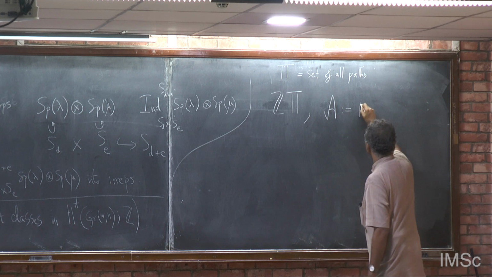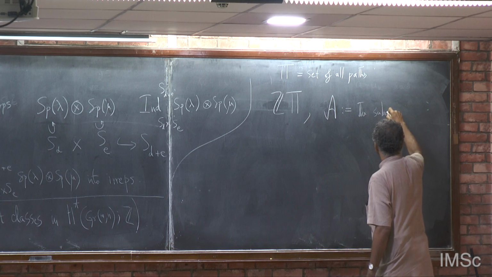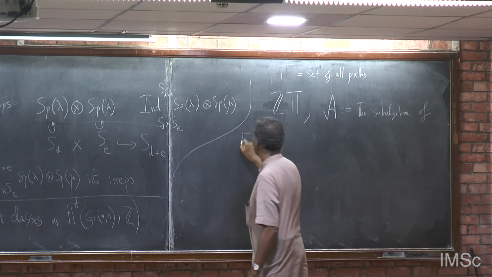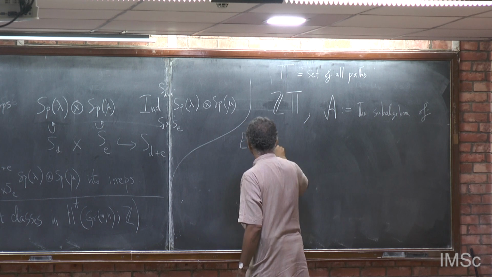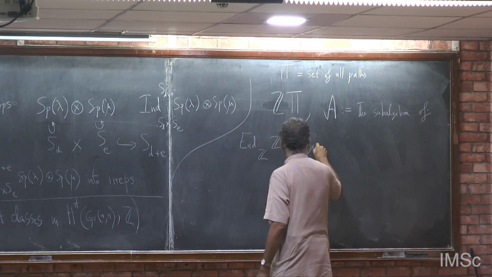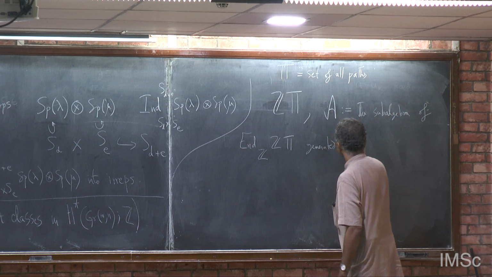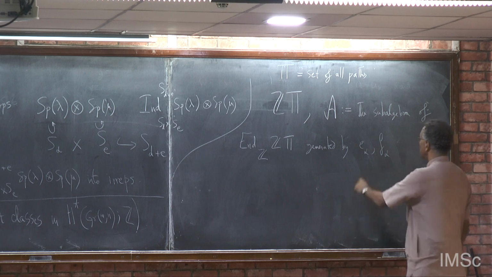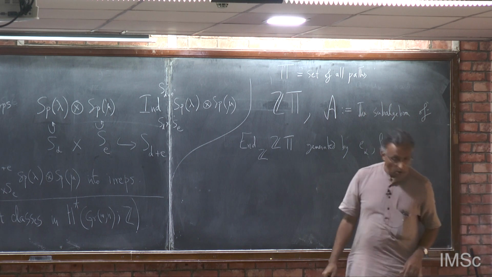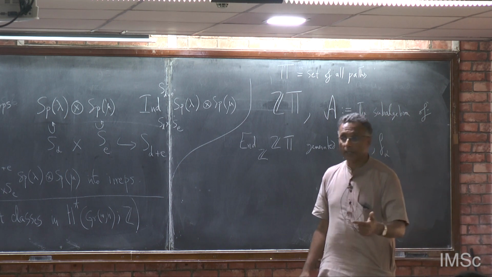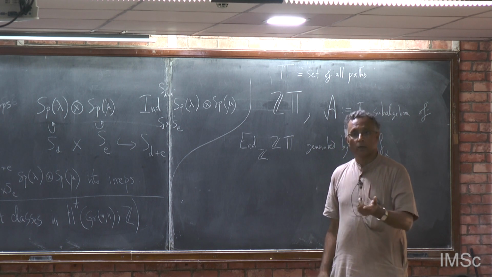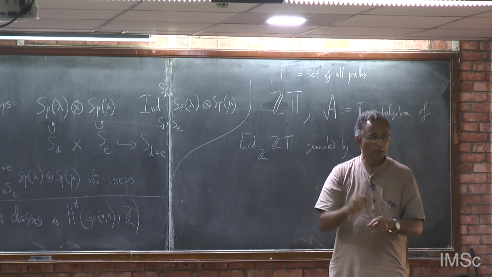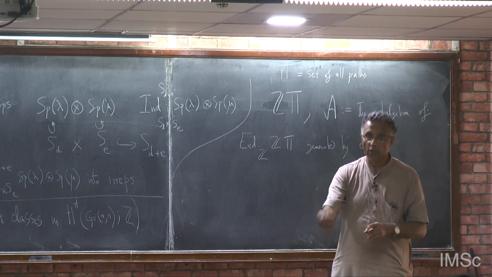Now A is the subalgebra of End Z pi generated by E alpha, F alpha. So what does that mean? E alpha, F alpha act on pi, the set of paths. When I act E alpha on a path, I could get another path, or it could be 0.